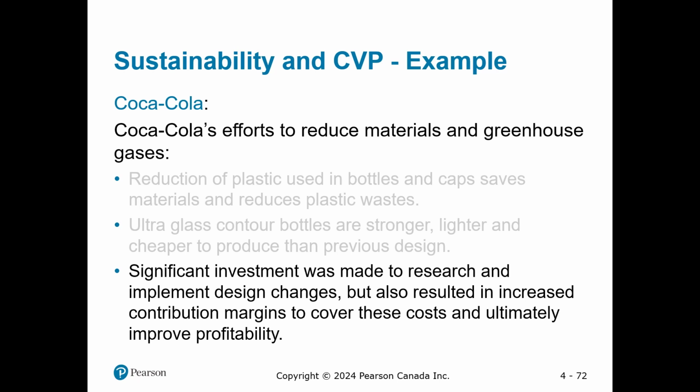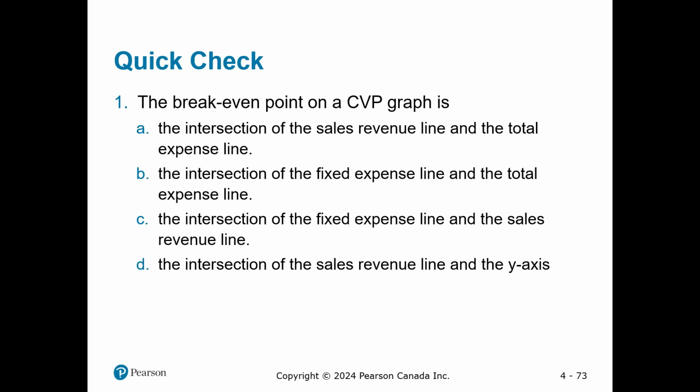So although they had to make a really large investment in research and doing design changes, purchasing new machinery, in the end, they increased their contribution margin to cover all those costs and improve their profitability while at the same time reducing garbage.